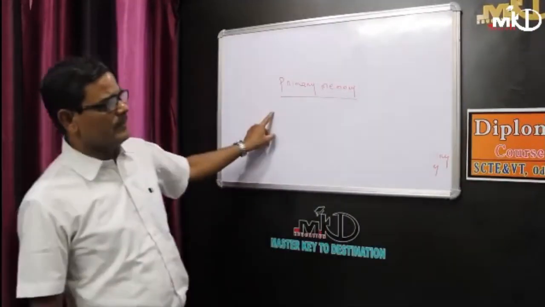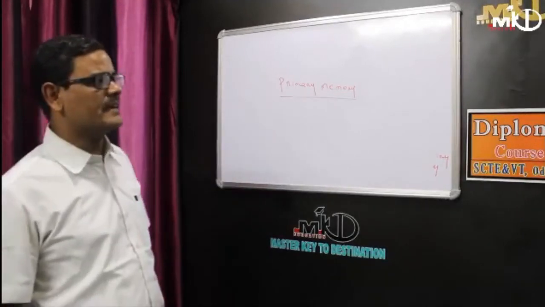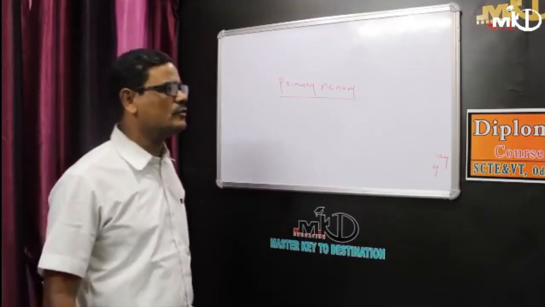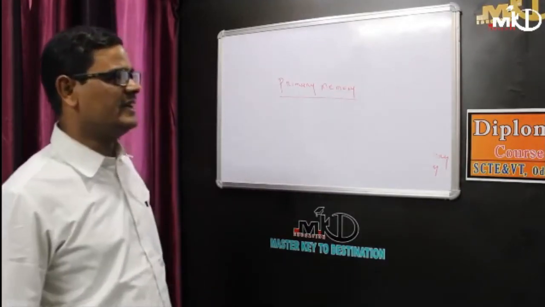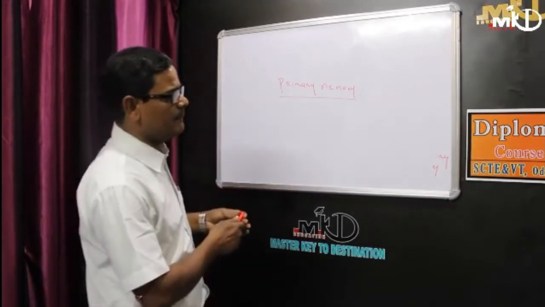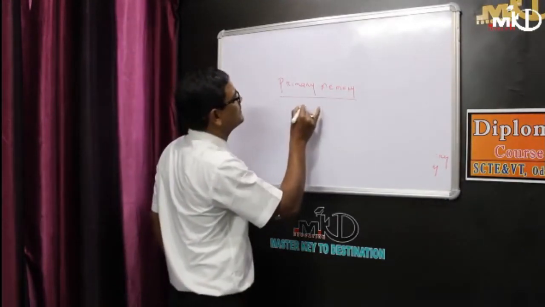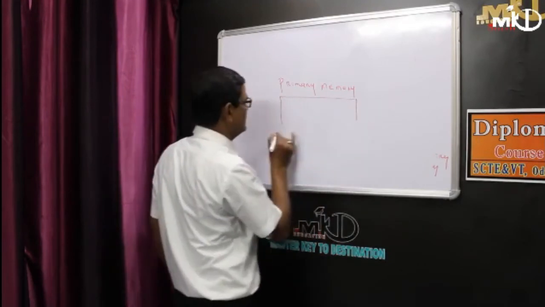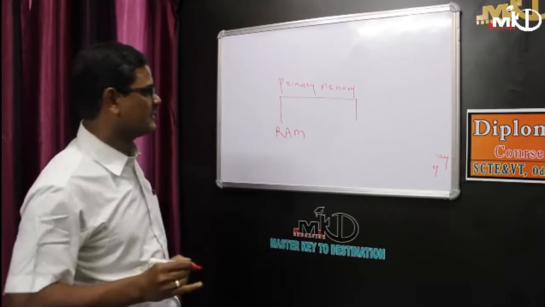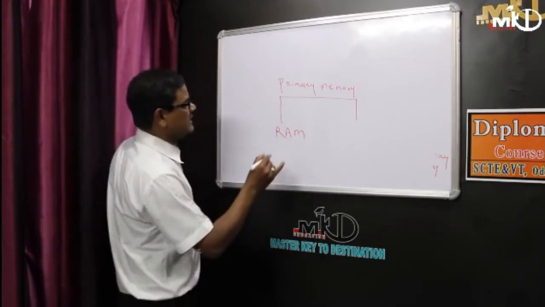This memory, made with electronic semiconductor memory technology, can be split into two categories according to the way in which the memory operates. That may be RAM.